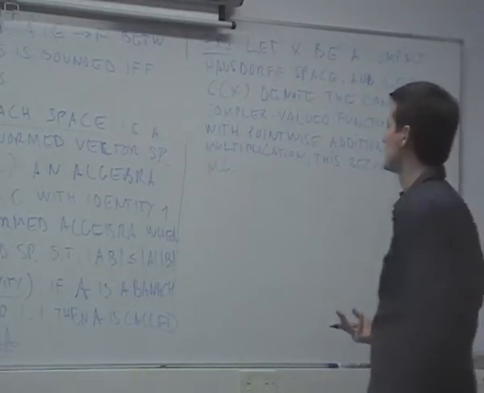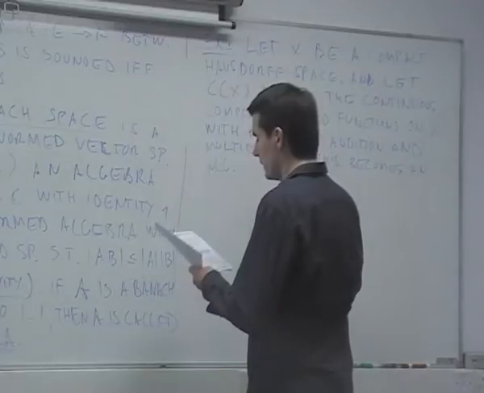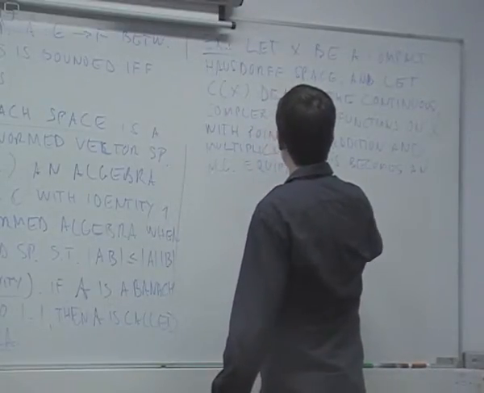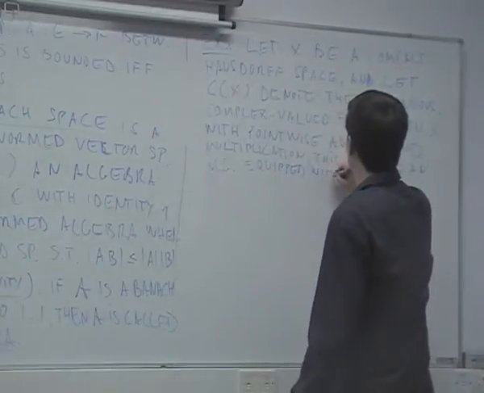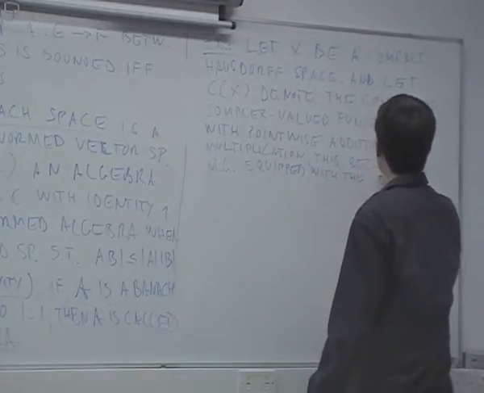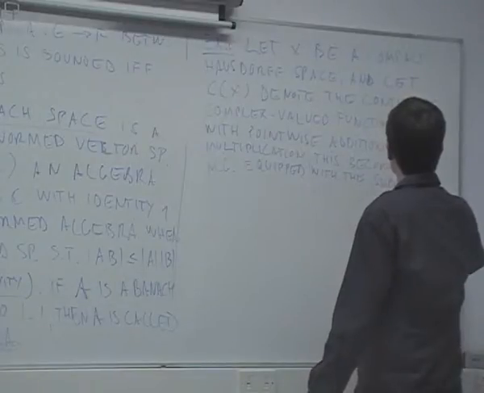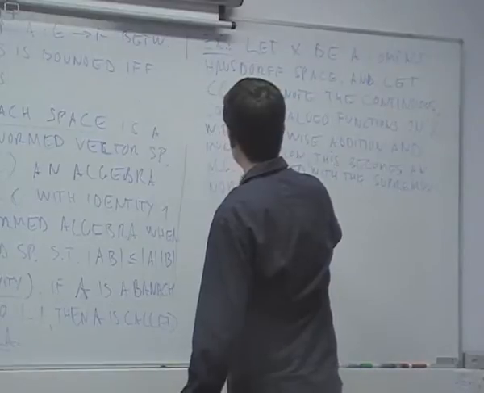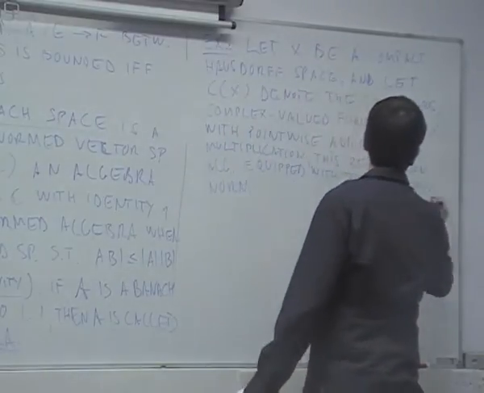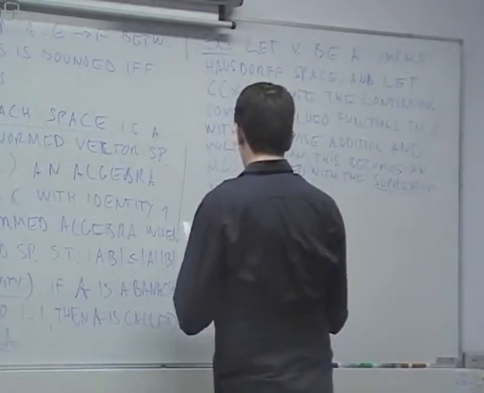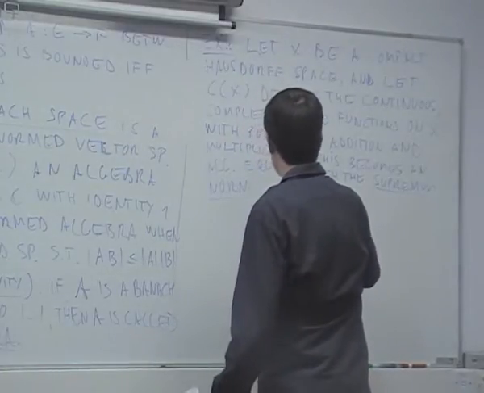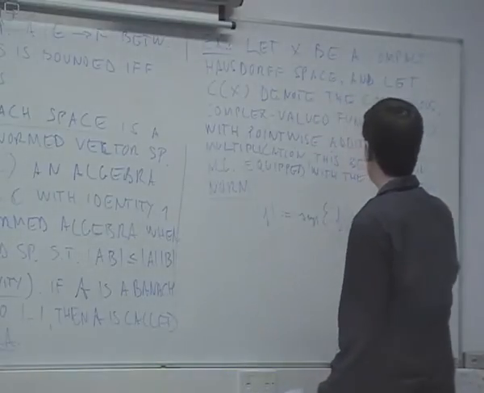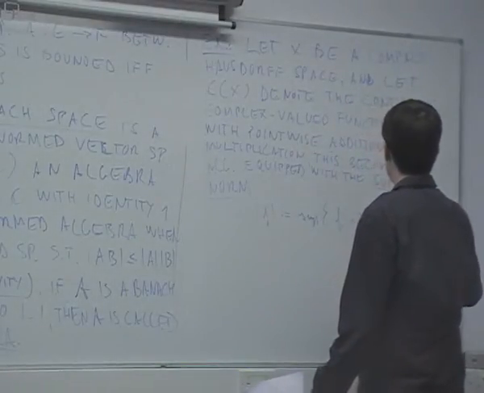And the answer, of course, is yes. It is equipped with the supremum norm, as it's called. Let's see, it's something very simple actually. The norm of f is the supremum over all f(x), x in X.